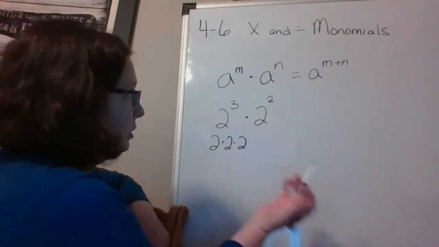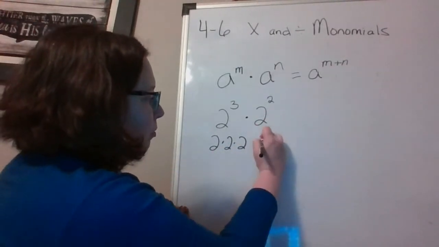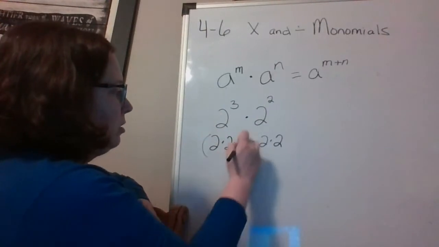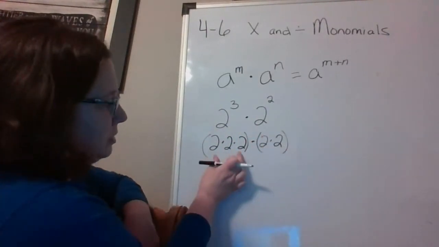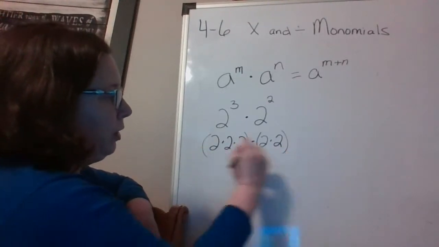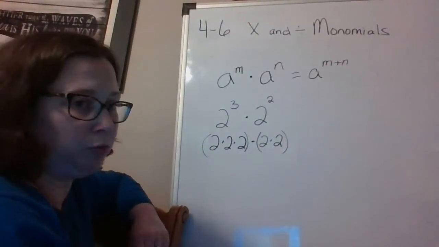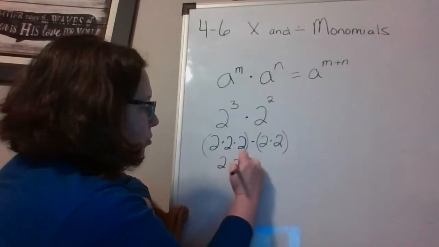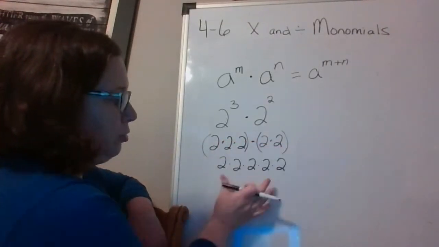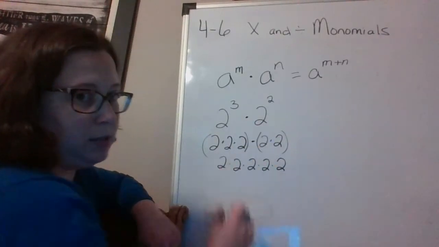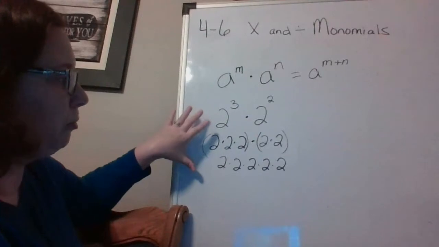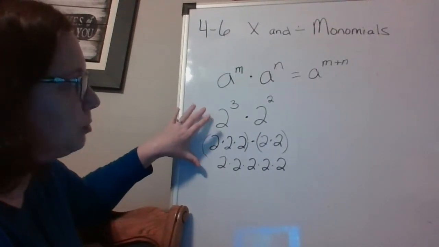We're multiplying 3 2's, and then here we're multiplying 2 2's, and you bring that multiplication down. So you can think of this in parentheses as your first number in exponential form, and this is your second. But when you are doing all this multiplication, what you're really saying is that now you have 2's that you're multiplying, and now you have 5 of them. So this is a great way, if you forget this, to remind yourself what you're supposed to be doing.